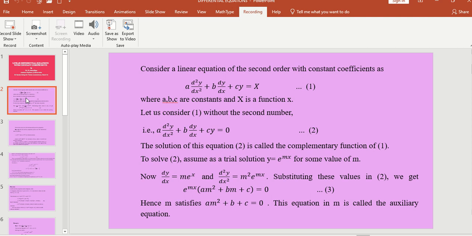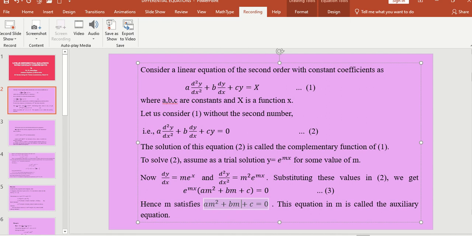Here e power mx is a common term, so we take it outside and write it as equation 3. Hence m satisfies the equation a m square plus bm plus c equal to 0. This equation in m is called the auxiliary equation.